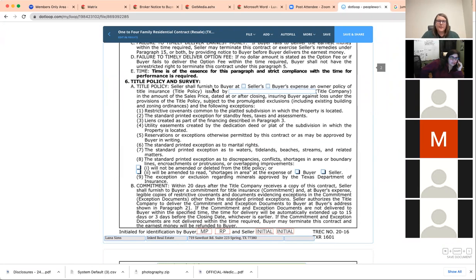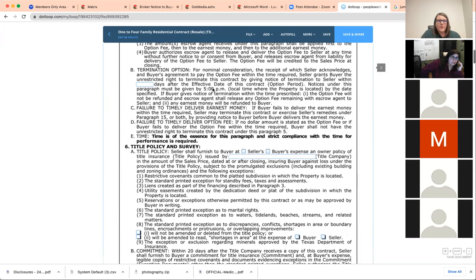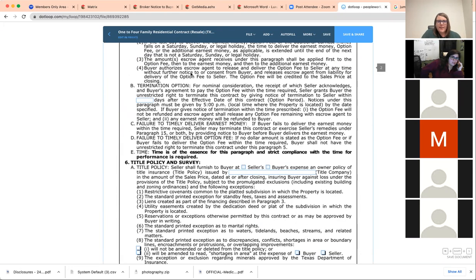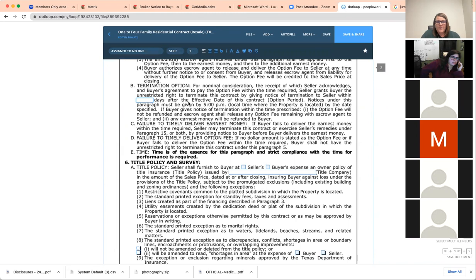The option period gives the client the unrestricted right to cancel within that time frame. So that's where B is. For the nominal consideration, the seller grants buyer the unrestricted right to terminate within so many days. In a buyer's market, we found that this was 10. We've seen it go less and less based on negotiation.